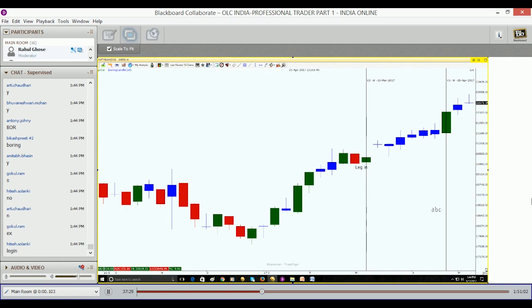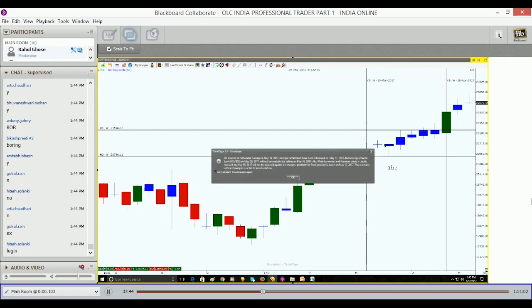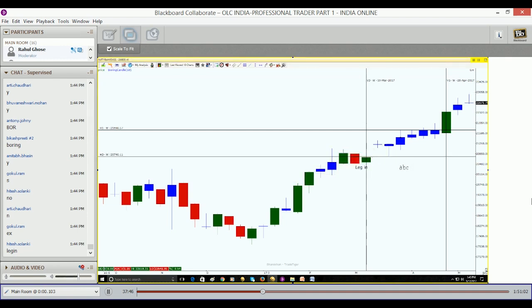How do I mark my zone? I mark the highest body of the highest base, which is over here, and I mark the lowest wick of the lowest base. Highest body of the highest base, lowest wick of the lowest base.